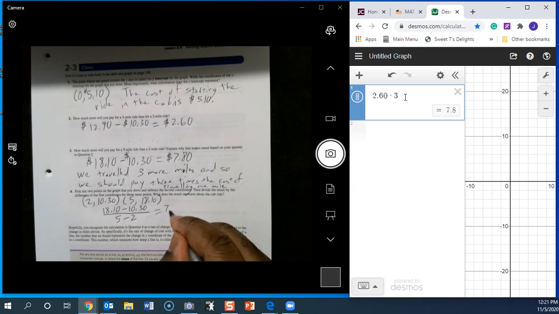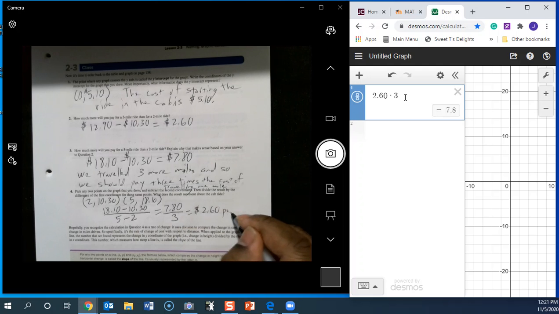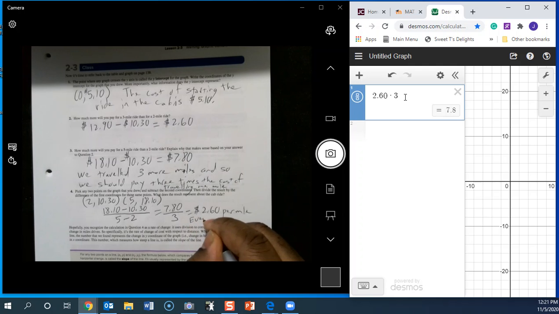And this will give us $7.80 all over 3, which is $2.60 per mile. And then it says, what does the result represent about the car ride? That every mile costs $2.60.